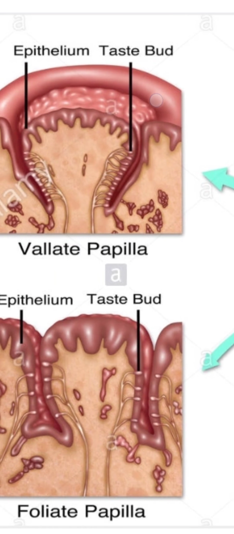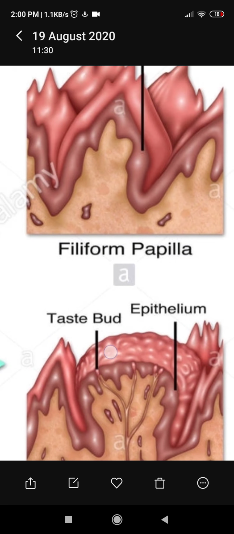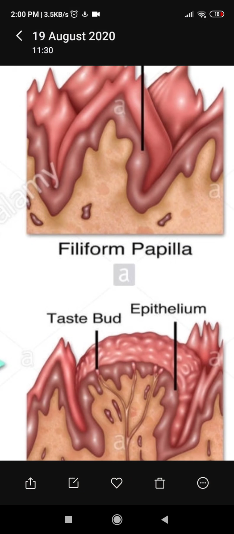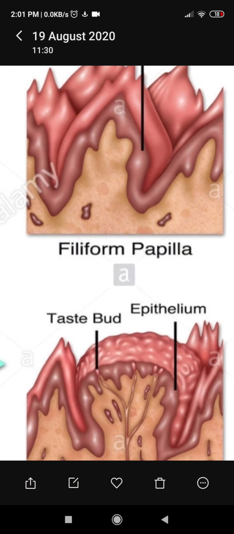This is the trench which is present around the circumvallate papilla. So here you can see that the taste buds are present on the apical surface of the fungiform papilla, and there are no taste buds present on the filiform papillas.